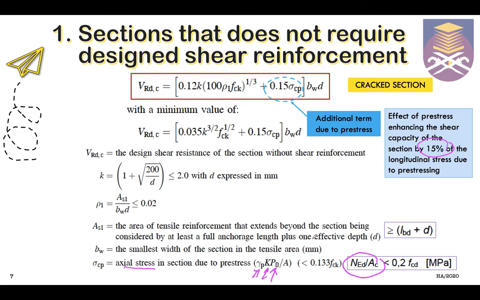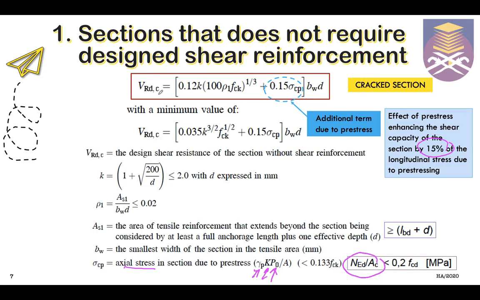Alright, okay. So as for this fcd, this fcd is actually the value of the design strength, right? So you will have to divide the fck value, the characteristic strength, by the partial factor of safety for material, which is for concrete in particular for this section, right? Okay, so then as for this VRd,c value, it is also limited to this equation, whereas we have the minimum value of VRd,c, right?